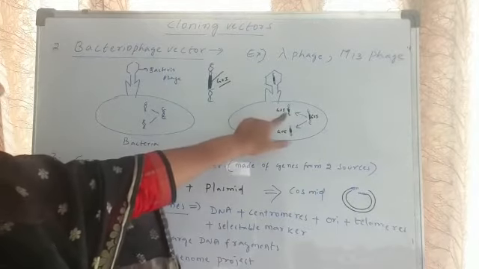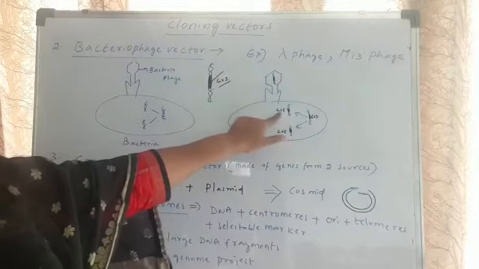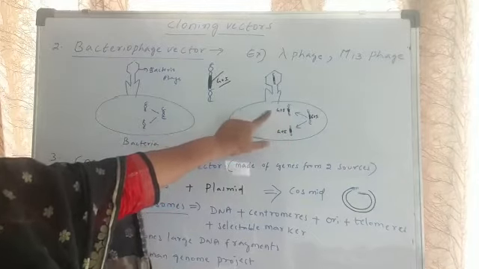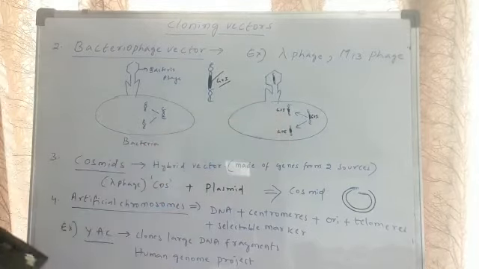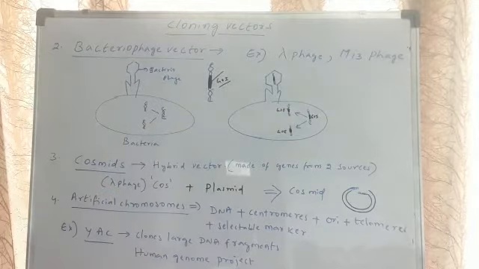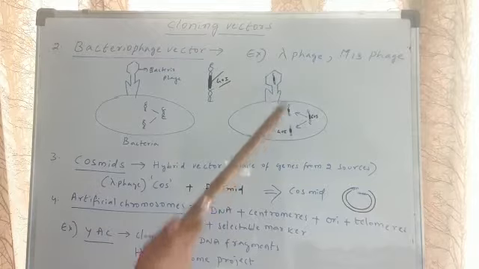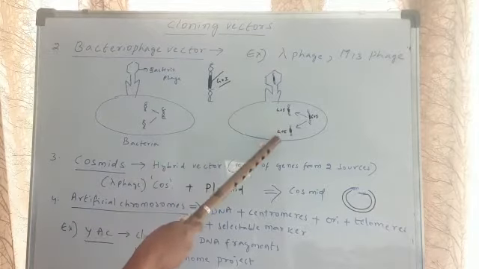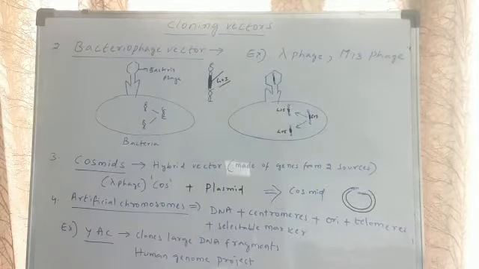The gene of interest undergoes transcription and translation in the bacterial cell. So, by using the bacteriophages, we are able to transfer the desired DNA fragment into the host cells.